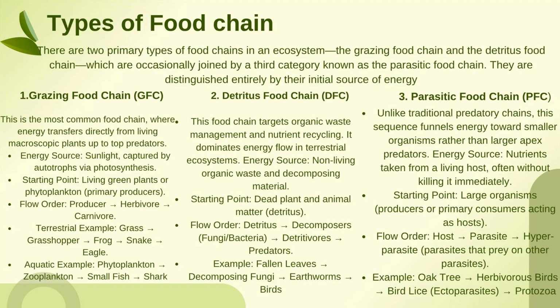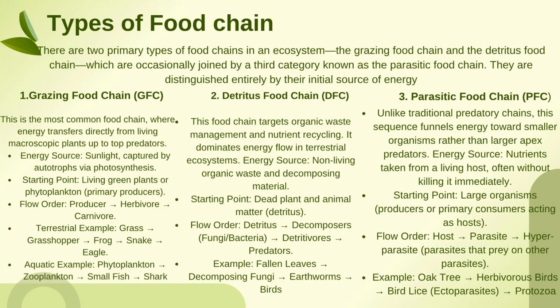The energy source will be the non-living organic waste material which is ready for decomposition, which comes from the death of some apex predators. Decomposing these materials gives rise to the starting point of the detritus food chain, that is dead plant or animal matter.